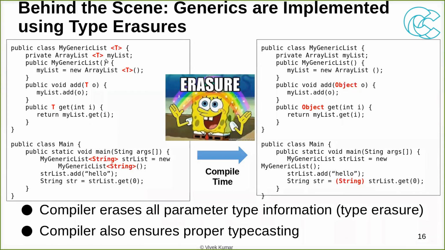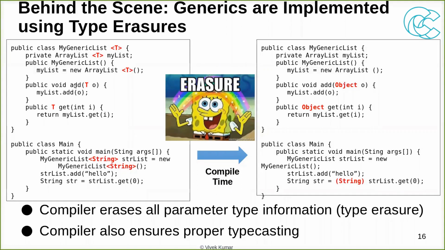So let's say you have this generic type class called MyGenericList, and it has this T. Whenever you are instantiating it, in this case you are replacing it with String. But what happens at compile time is all these T's and String, everything else, would get replaced with Object. The type erasure happens.